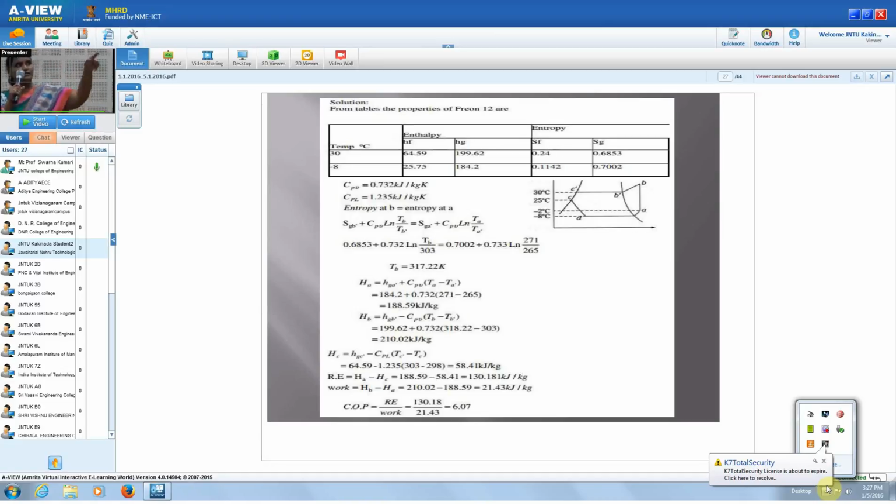Similarly at B. Ta dash is not given in that figure.